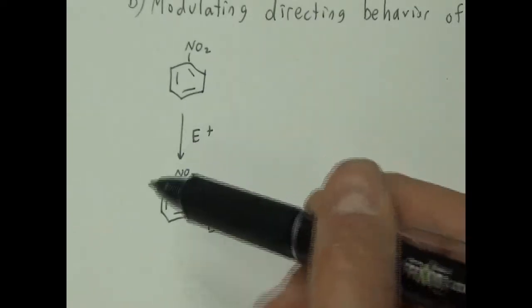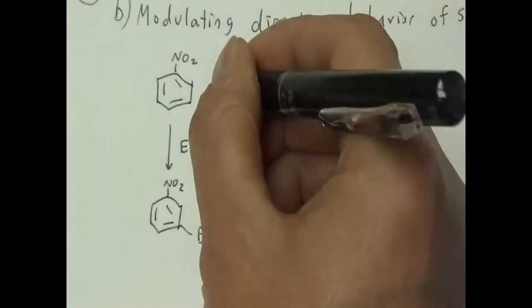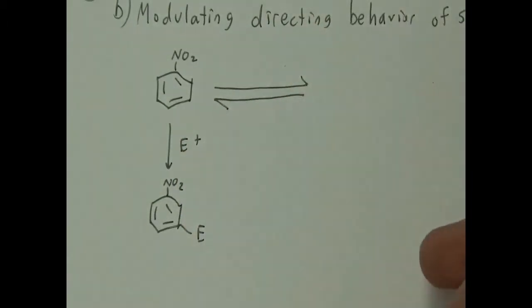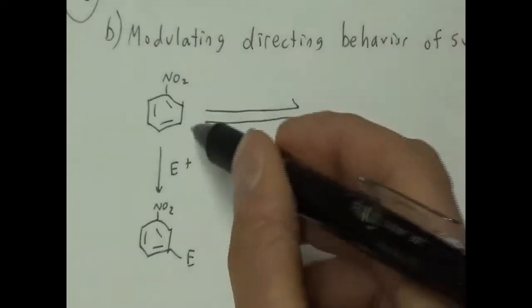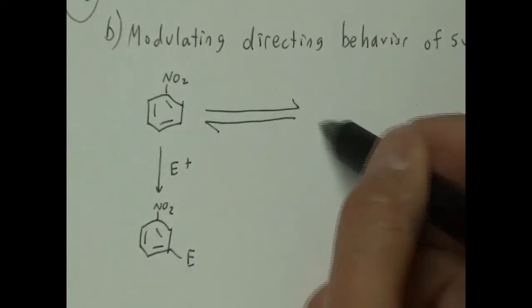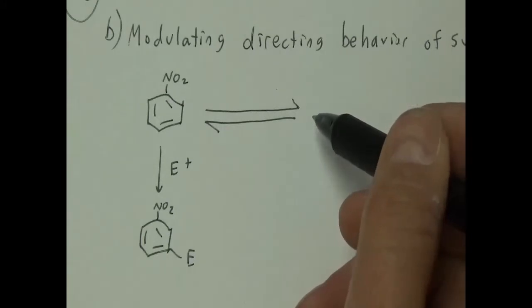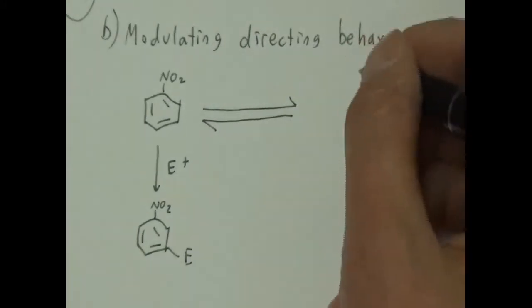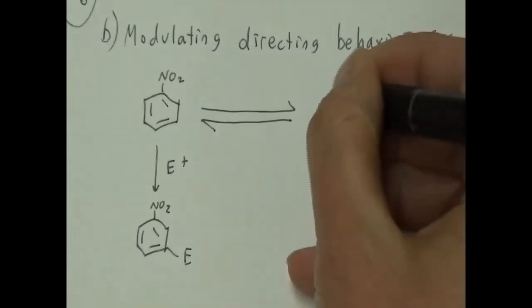Wouldn't that be cool? And the answer is yes, we can. So I'm going to use these reversible arrows to show that I can interconvert this to something else that happens to be an ortho-para director. And what it is is an NH2 group.